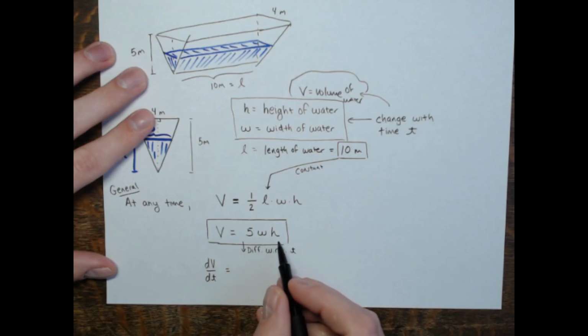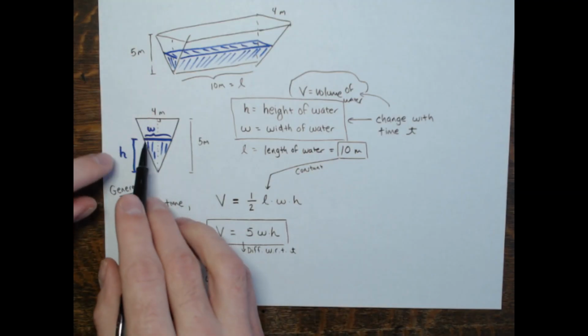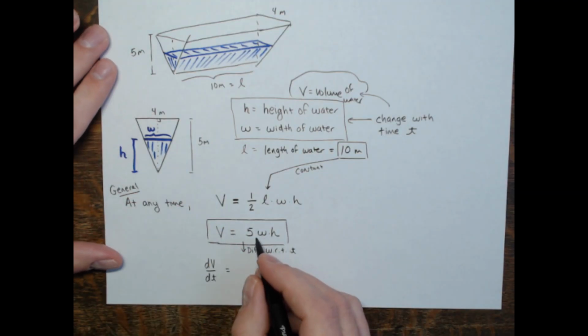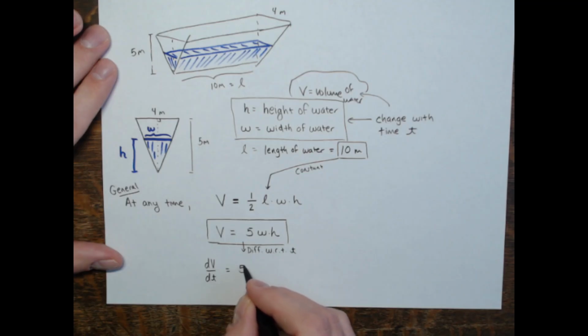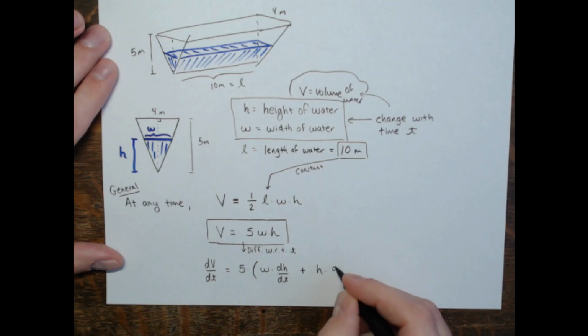So the left side is dV/dt. And then over here, another product rule issue, right? Because again, W and H are things that change as time goes on. And I'll keep, like I did in the last problem, the 5 on the outside. I keep the coefficient 5 and do the product rule. So I'd have, keep the W alone times dH/dt, then plus, keep H the way it is times dW/dt.